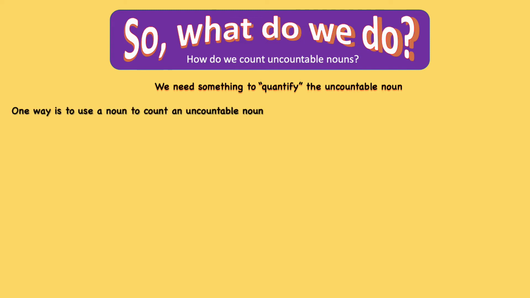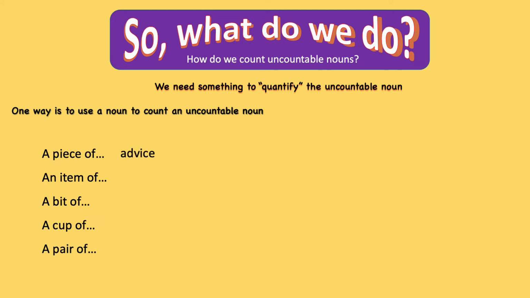One way is to use a noun to count an uncountable noun. Let's look at some examples. We can have, for example, a piece of advice, or two pieces of advice, or an item of jewelry, or a bit of dirt.